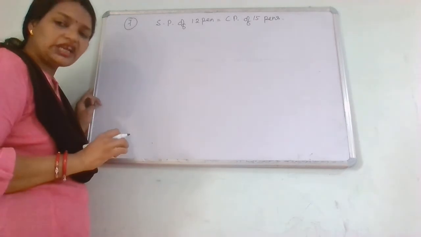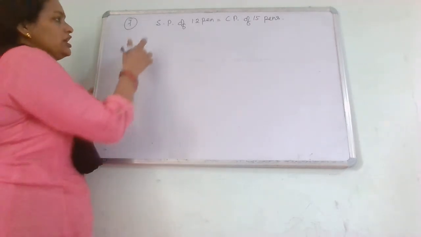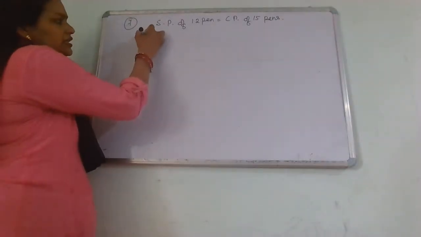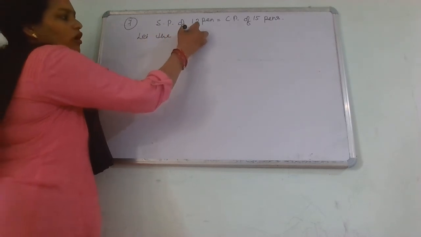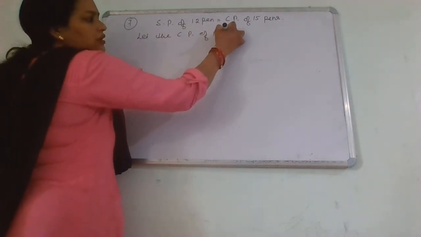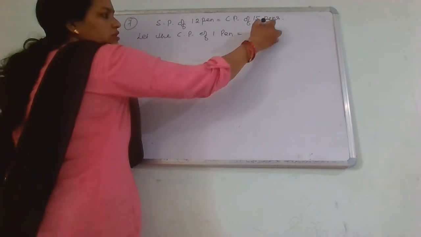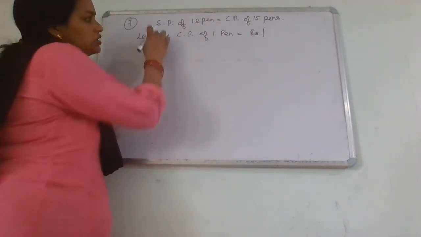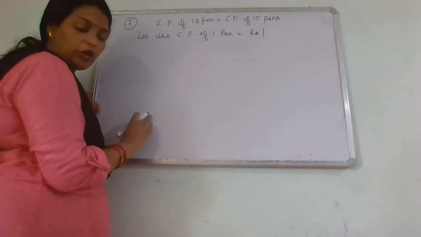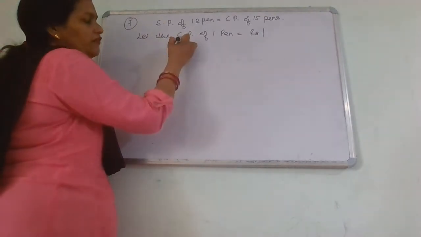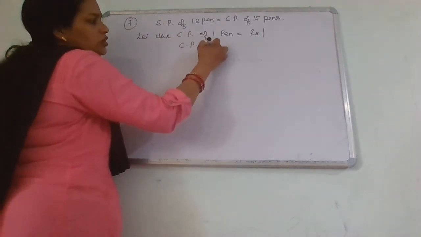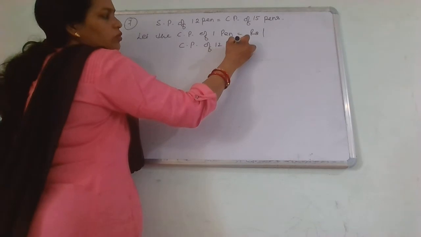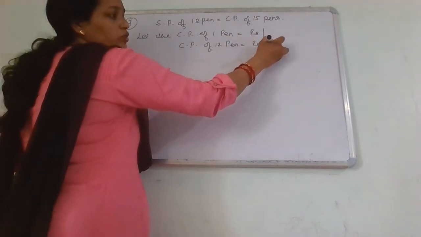So in this type of situation, what we do is we say let the CP of 1 pen be equal to how much? Rupees 1. So selling price of 12 pen is how much? First we will find the cost price of 12 pen. So cost price of 12 pen is equal to Rupees 12.